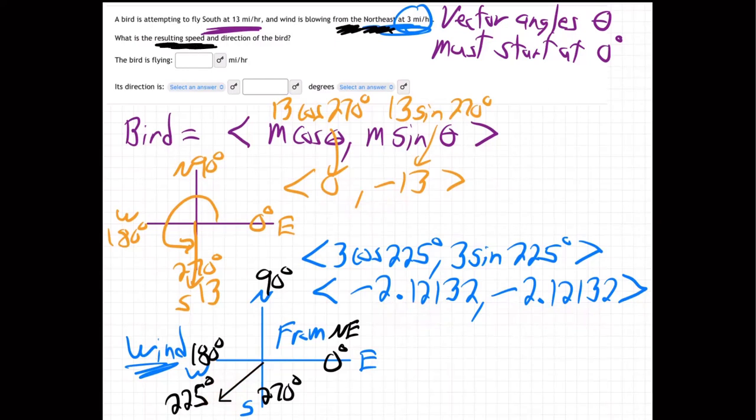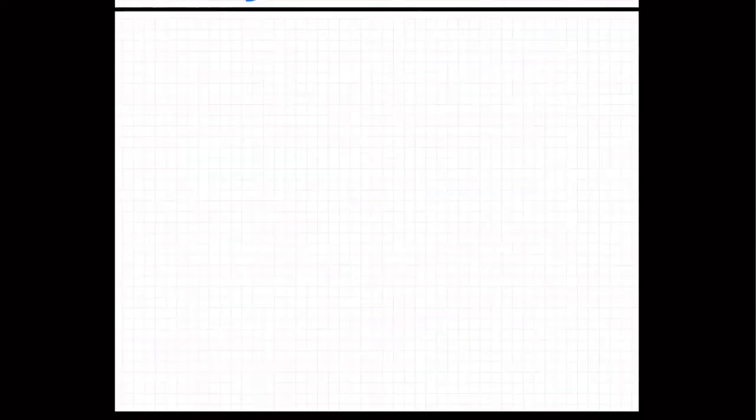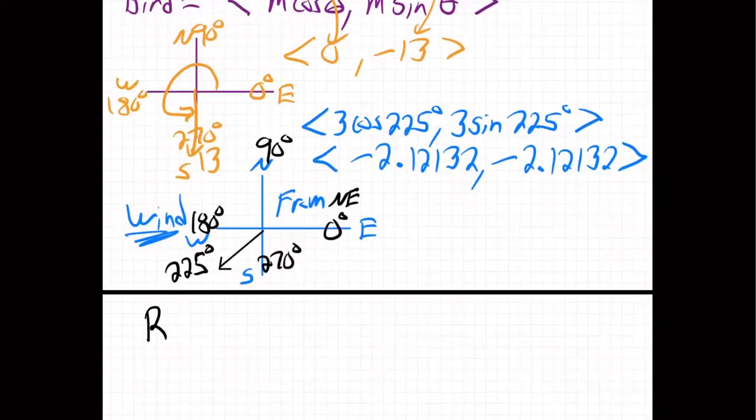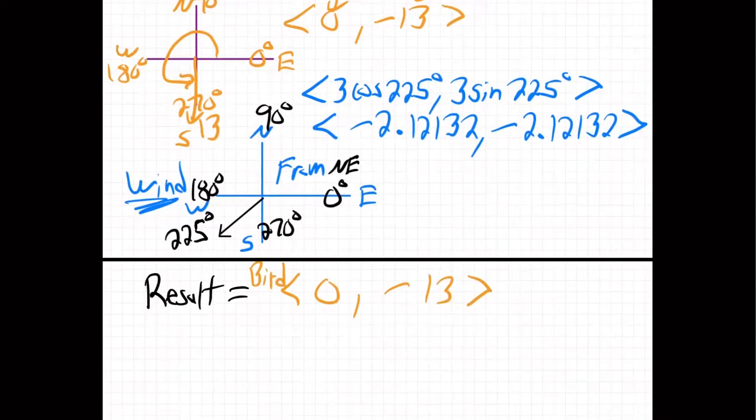And so then the question is, what is the resulting speed and direction of the bird? So let's figure that out. The result is going to add those two vectors up. We're going to take the 0, negative 13 bird vector. Now the bird is trying to make himself fly.